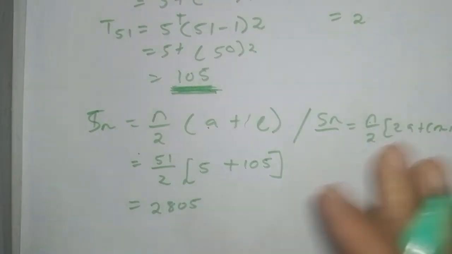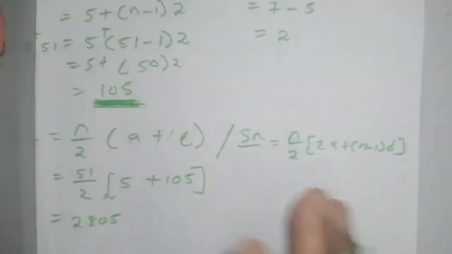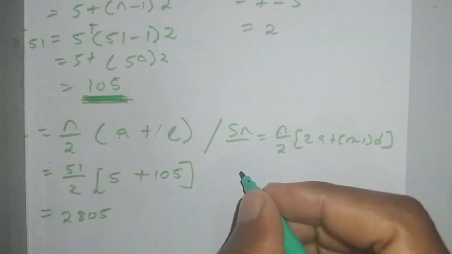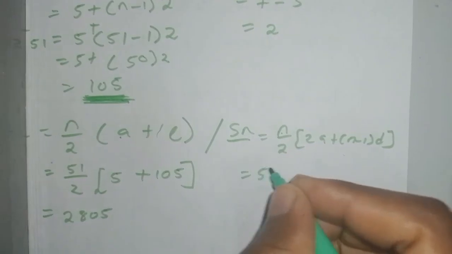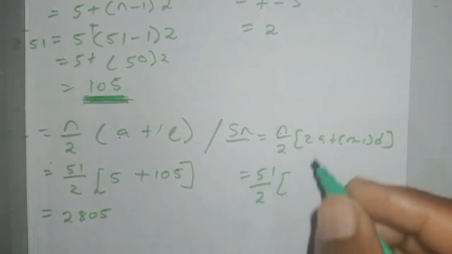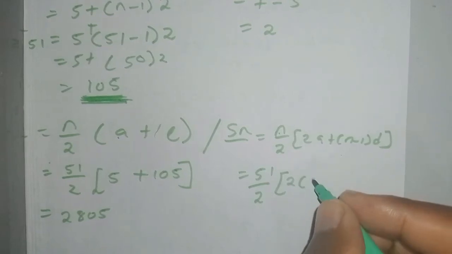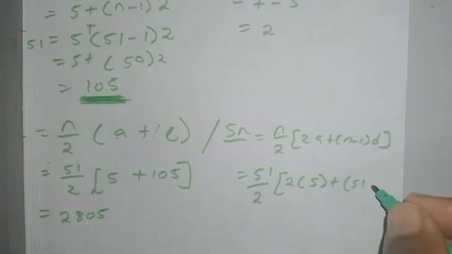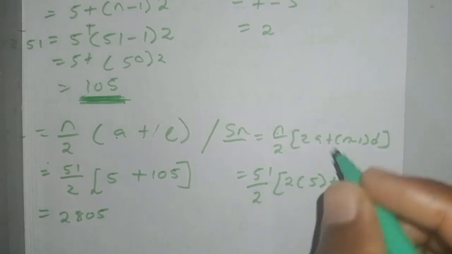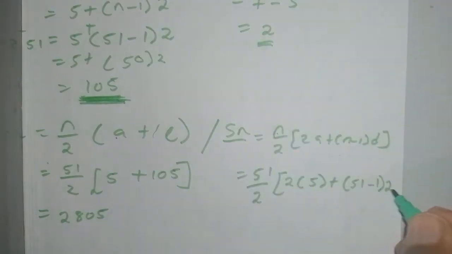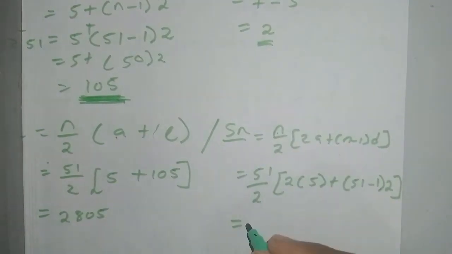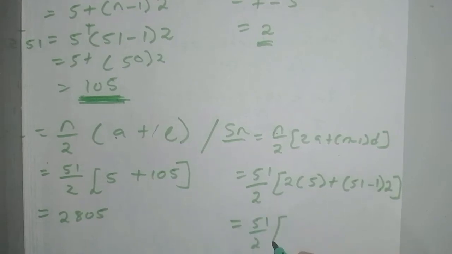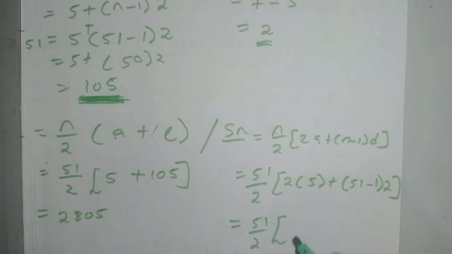I have 2805, right? Let me use the second equation to calculate that. What is the value of n? n is 51 over 2 into 2 times the first term, which is 5, plus 51 subtract 1, close bracket. Remember, we calculated d and got 2. Then I have 51 over 2 into 10 plus 100.